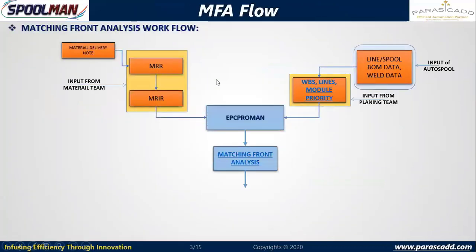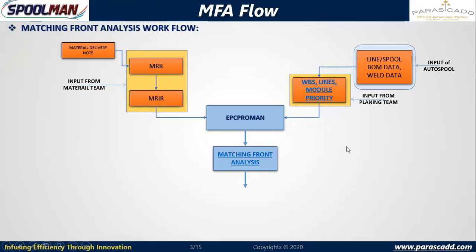Now, if you see this matching front analysis in detail, I have MRR, MRIR, received material, and inspected material, and then I can set priority here. That is WBS level priority and unit level priority, and this priority may change from time to time depending on the project decision. You can run this matching front analysis multiple times in a week.